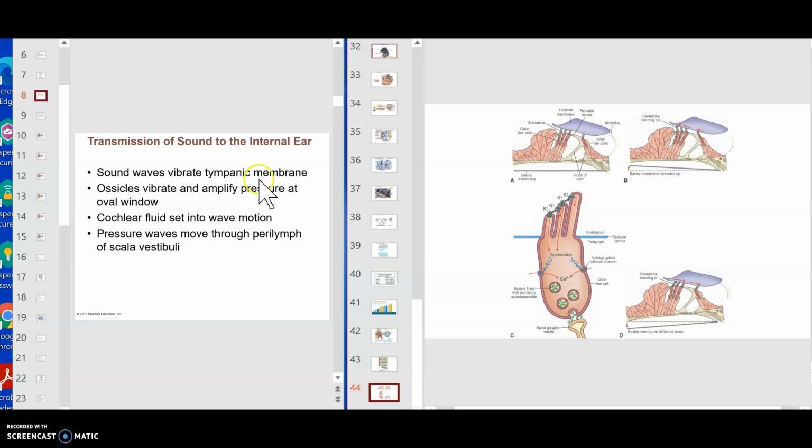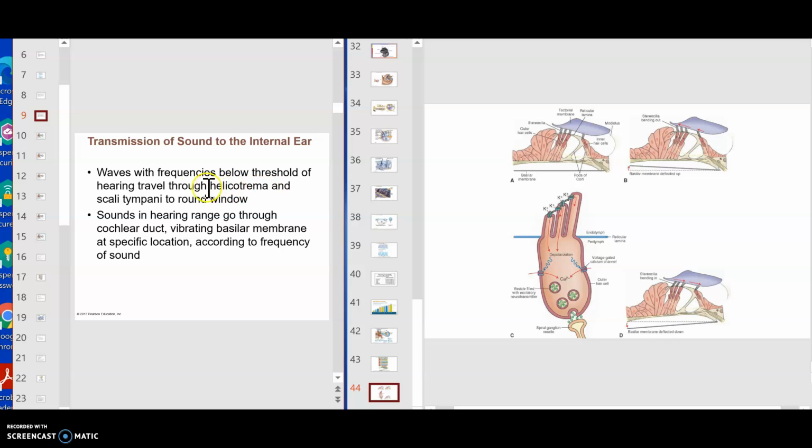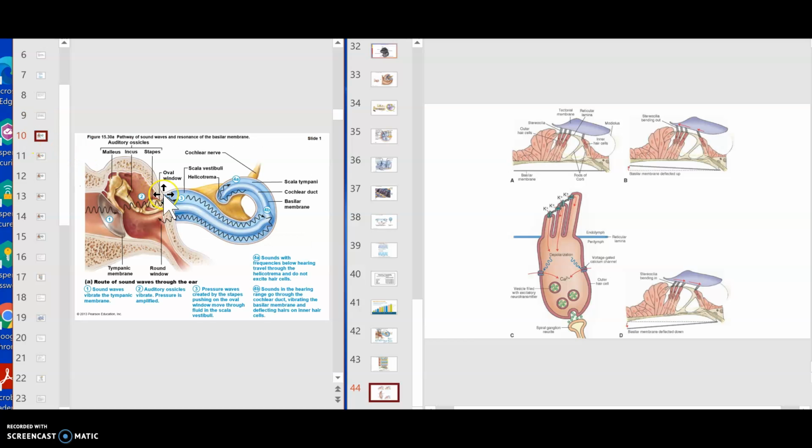So sound waves vibrate the tympanic membrane, amplified pressure, cochlear fluid set, pressure moves through the perilymph, as we alluded to. Waves below the threshold of hearing travel through the helicotrema. Sounds in hearing range go through the cochlear duct and vibrate that particular area. They can resonate. This must have been the area that could resonate.